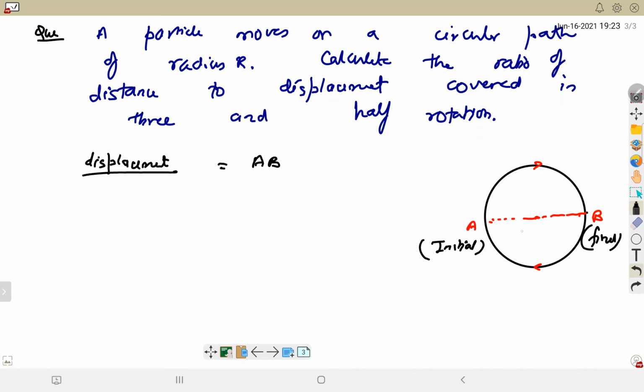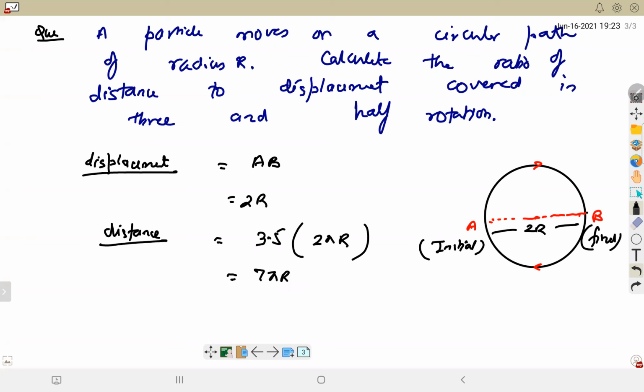Displacement is AB and that will be equal to 2R. Distance is 3.5 rotations. In one rotation it is 2 pi r, so it will be 7 pi r.